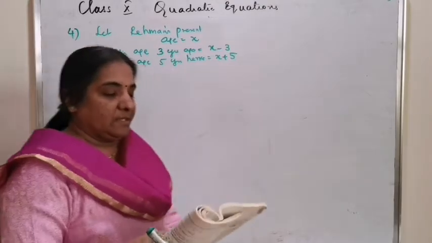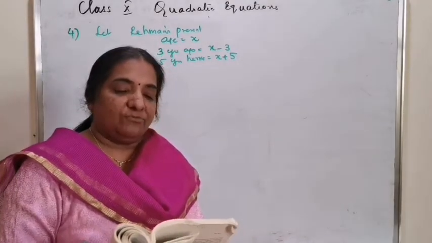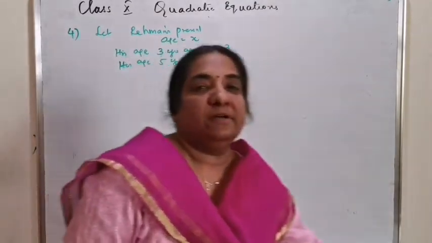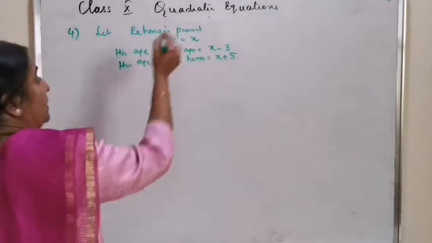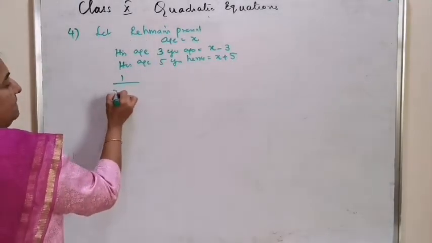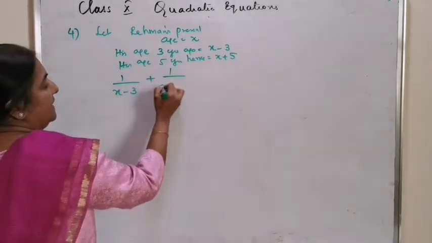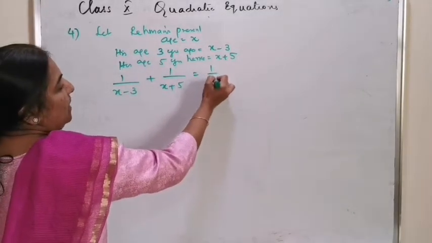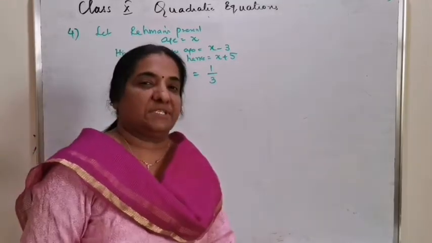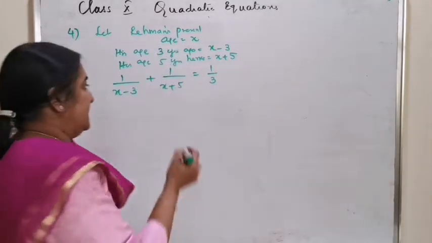Now the question says that the sum of the reciprocals of Rahman's ages. The reciprocal of x minus 3 is 1 by x minus 3. Sum, addition. 1 by x plus 5 is 1 by 3, they said in the question. So same way by LCM.